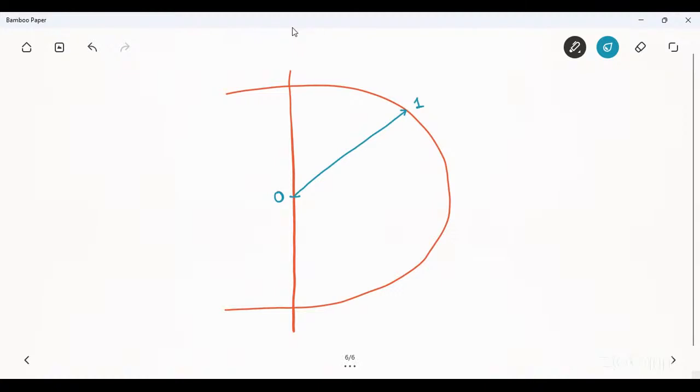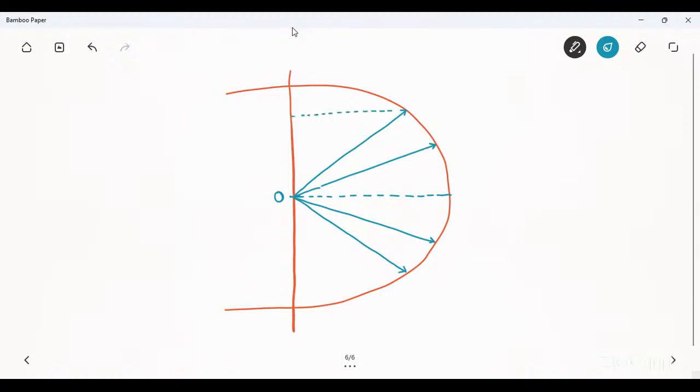Not exactly 1, we can do the calibration here. Then here there will be another point. This will be our midpoint. So what will be the values? Just tell me.